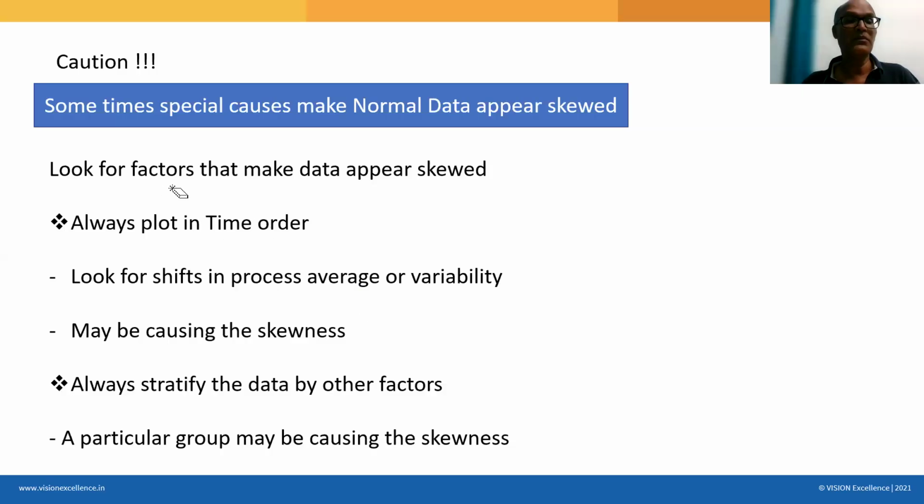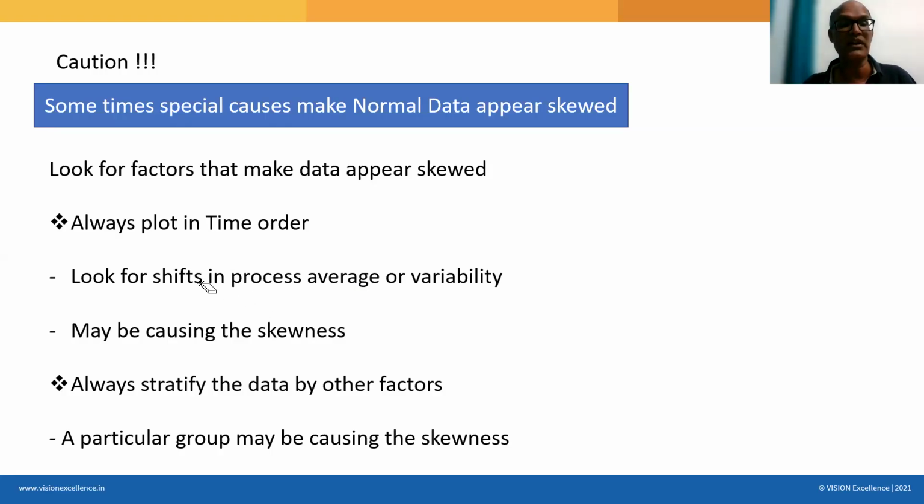Now, how do you know whether the data is normal or not? Don't assume straight away that there are special causes involved in your data. First of all, you can put a time order, time series analysis, and see whether any special trends or cyclical variation are there.